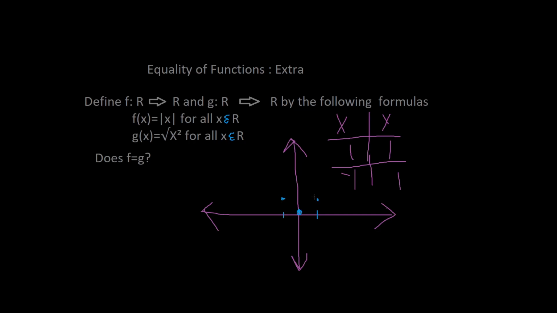And what we know about absolute values, we know that the function goes like this. And so does our function g of x. So for this function right here, does f equal g? We say yes, f equals g.